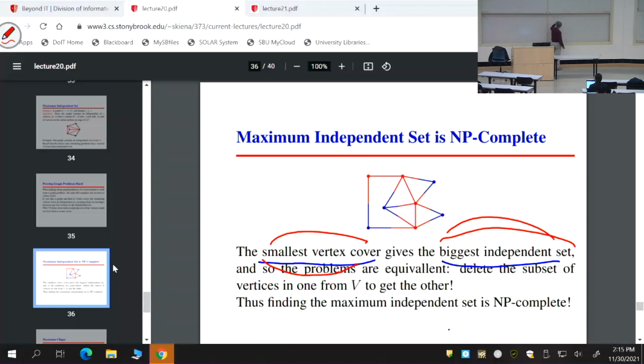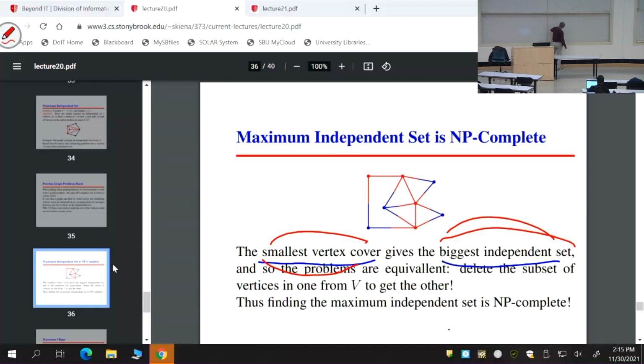Let me make a new graph G prime that's going to be the same as G, and let's make a new value K prime that is n minus K. N is the number of vertices in that graph.